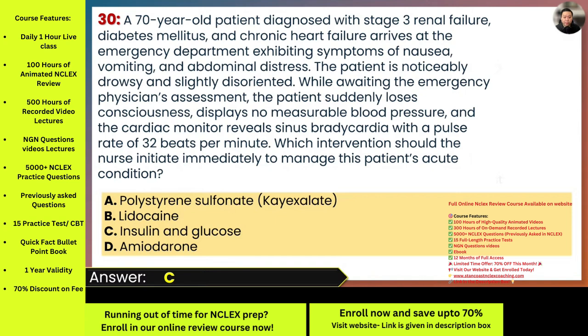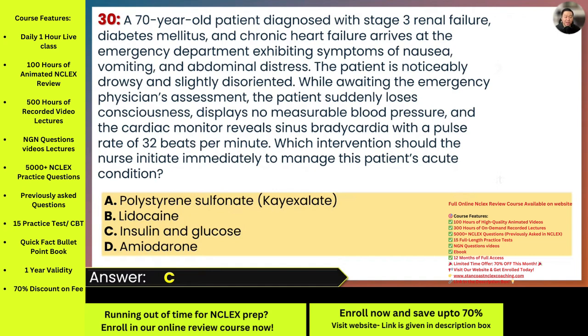Now, we have an emergency here. We need to treat the cardiac arrhythmias and also to reduce the hyperkalemia. All right. So you have to select that intervention that will quickly lower the potassium level, and there's no other than the insulin and glucose. Now, what about letter B, lidocaine?